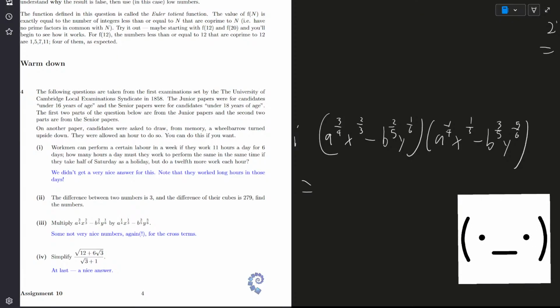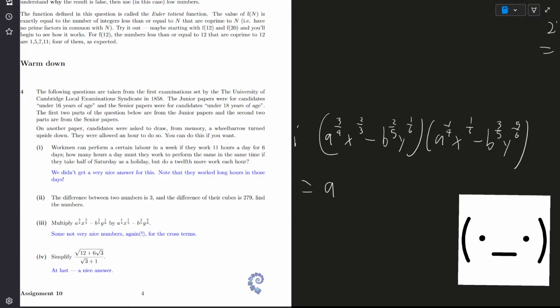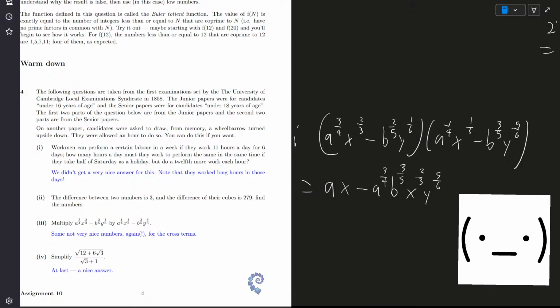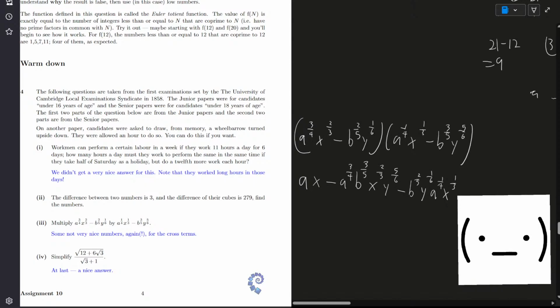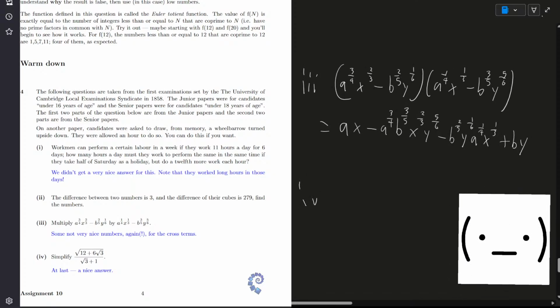So, some disgusting numbers. Really? That's it? Son of a bitch.